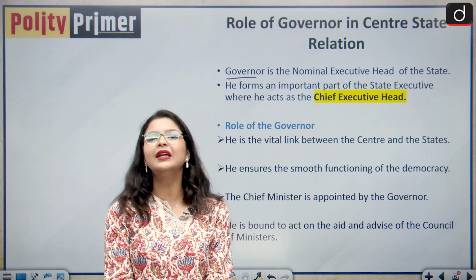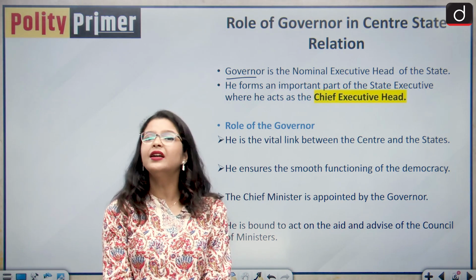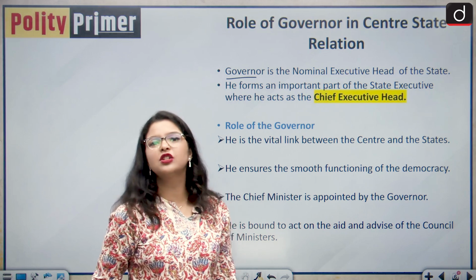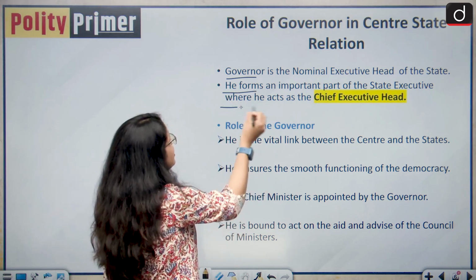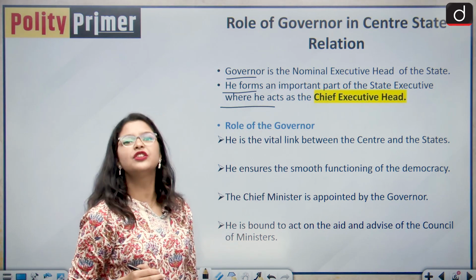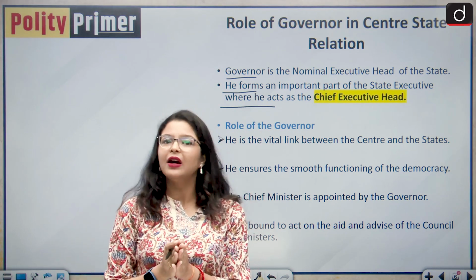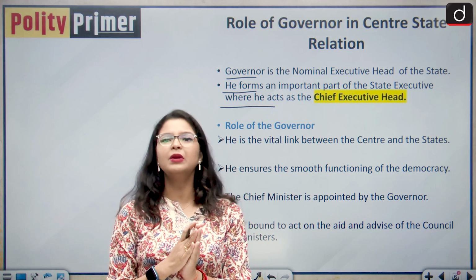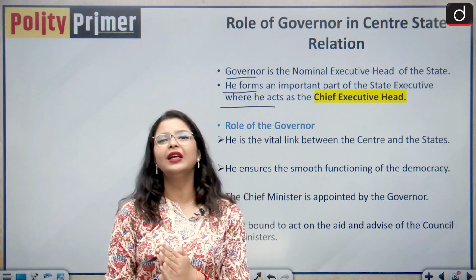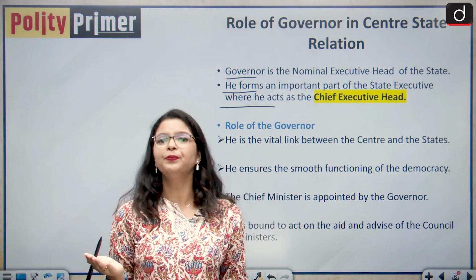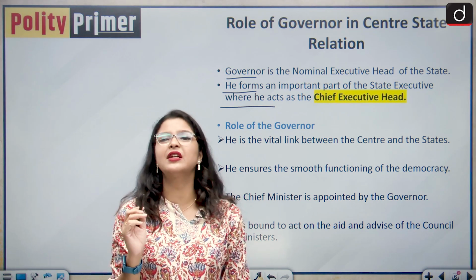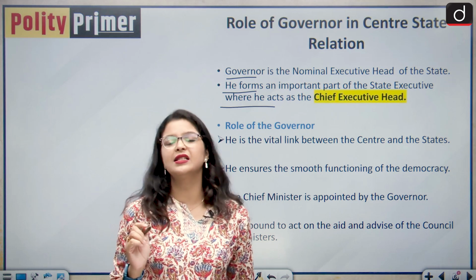He is the nominal executive head of the state, the real head being the chief minister. He forms an important part of the state executive, where he acts as the chief executive head. The provisions are similar to the President of India, who is the executive head of the Union, and the governor is likewise the chief executive head of the state executive.